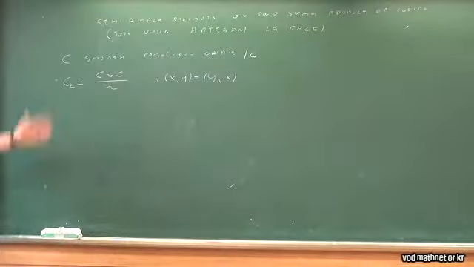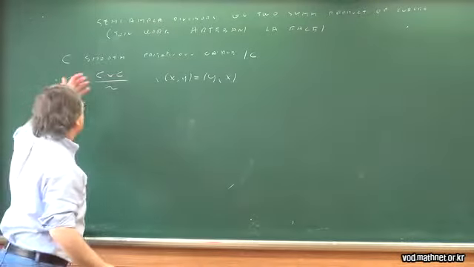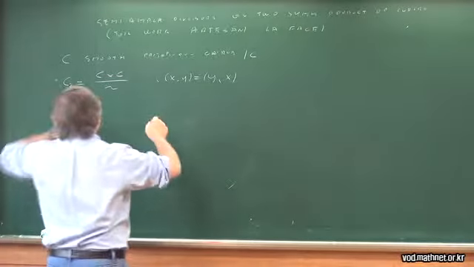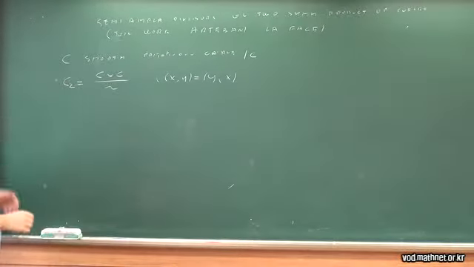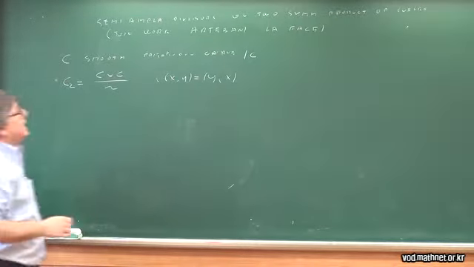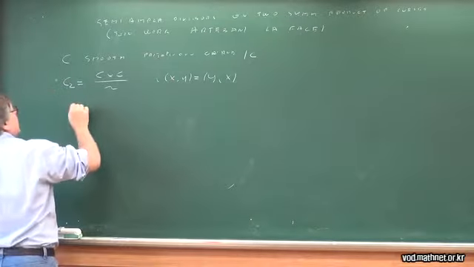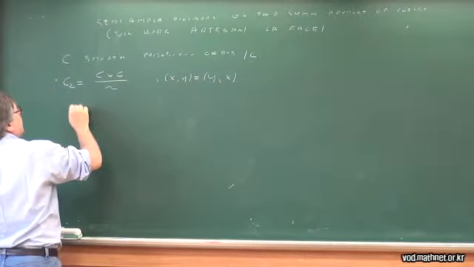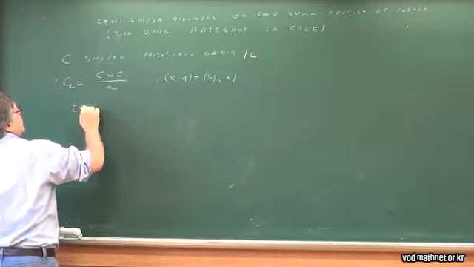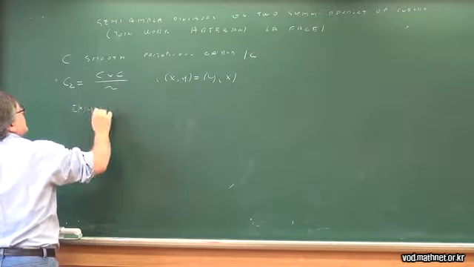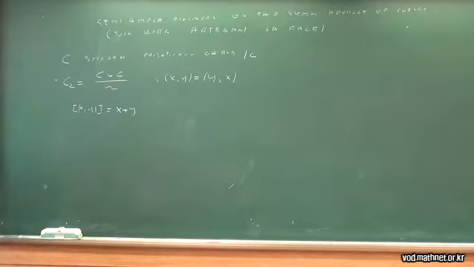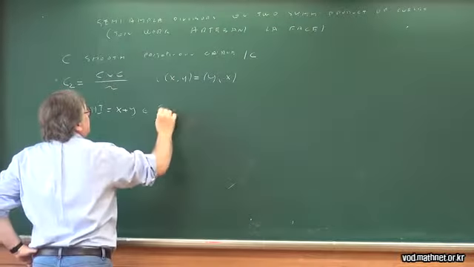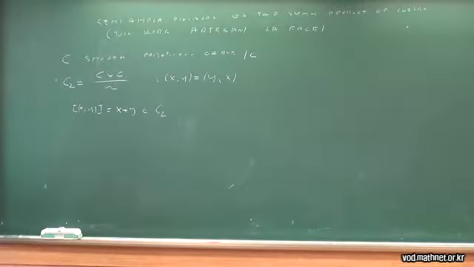It turns out that this is a smooth surface, and the map from C cross C to C2 is ramified along the diagonal. And I use the usual notation, that a point of C2 is written with the divisor notation.